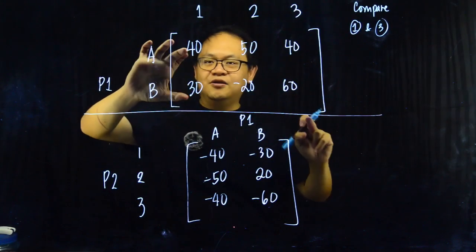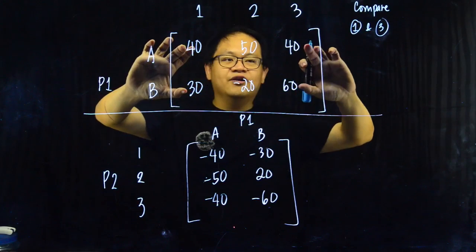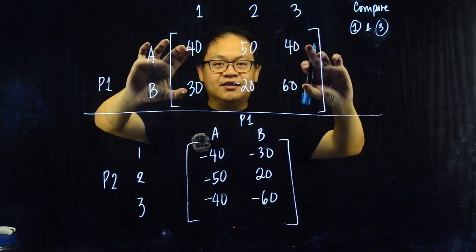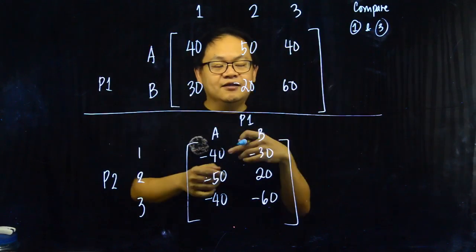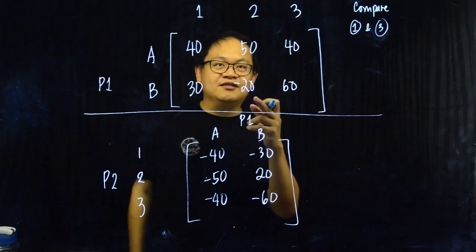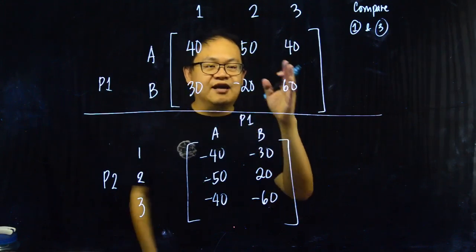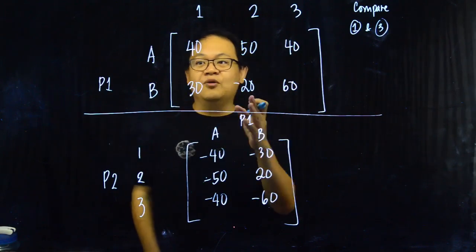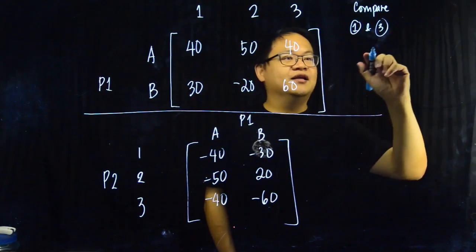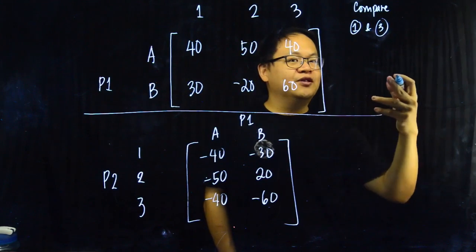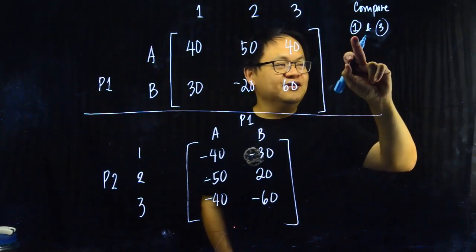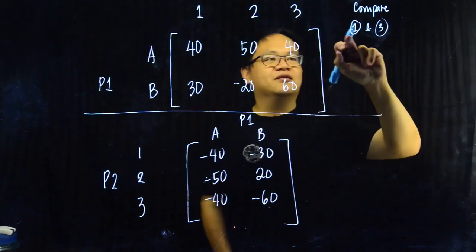So you are actually comparing 40, 30, 40, and 60. Now, if you remember the definition of dominated strategies, let me repeat again. A dominated strategy is a strategy such that there is another strategy that is at least as good, whatever the opponent does. So look, if you're comparing 1 and 3, whatever the opponent does, we have to see if 1 is always better than 3 or 3 is always better than 1.